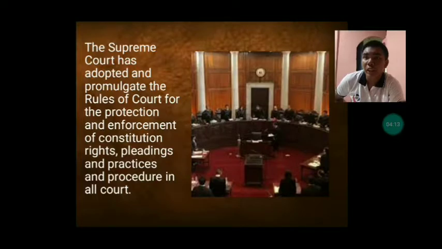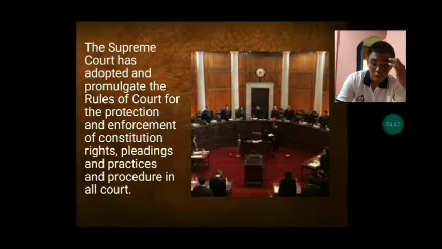The Supreme Court has promulgated the Rules of Court for the protection and enforcement of constitutional rights, and for pleading, practice, and procedure in all courts, the admission to the practice of law, and these were amended through the Committee on Revision of the Rules of Court, which issues administrative rules and regulations, according to the Supreme Court E-Library website.